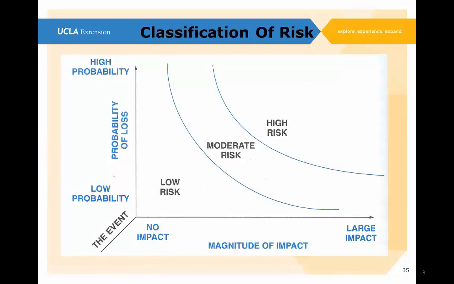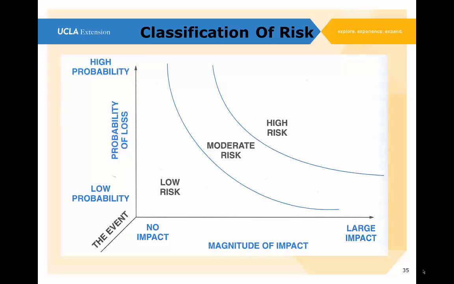We're talking about those risks now, and we want to say, in a subjective way, how can we classify risk? This chart gives us a sense of how to get our hands on that and look at it in a qualitative, not a quantitative, way. We have two axes here.